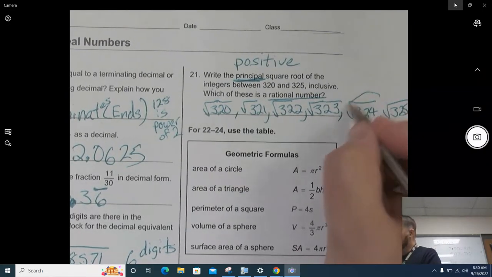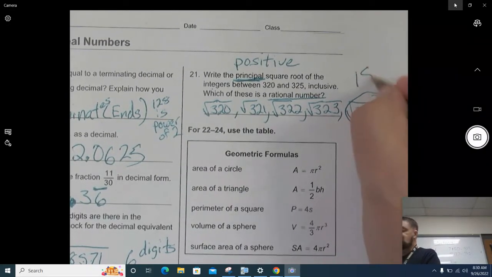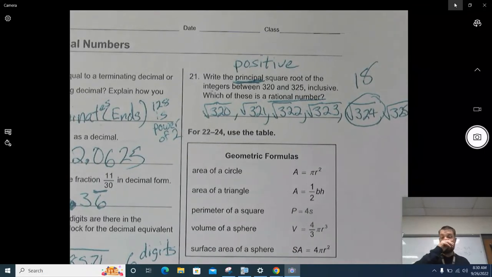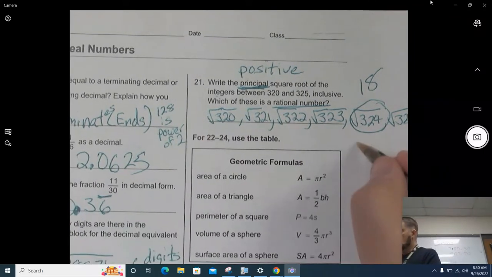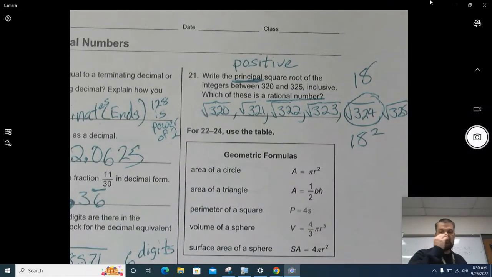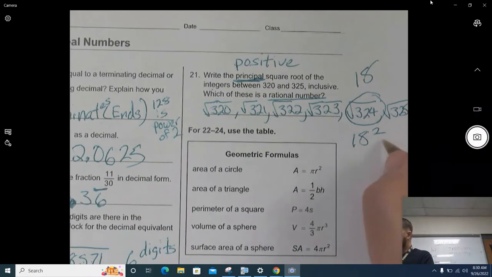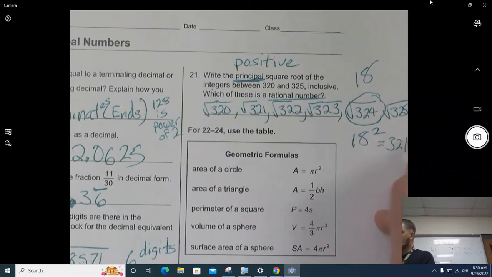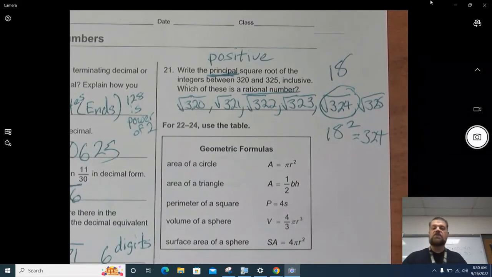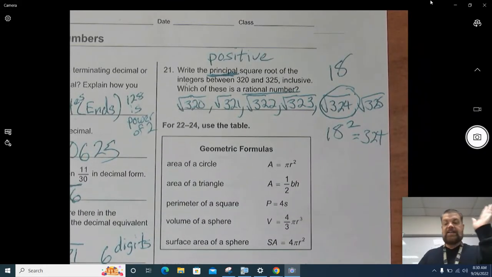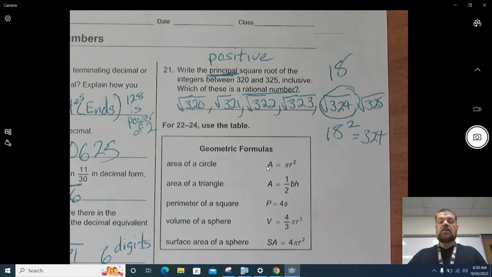Well, this one, the principal root is 18, right? Because 18 squared equals 324. So that's what they're saying. It's a poorly worded question, but that one you would get wrong, probably. That one Mr. Adams would be nice about and say, well, if you're close, you're close.